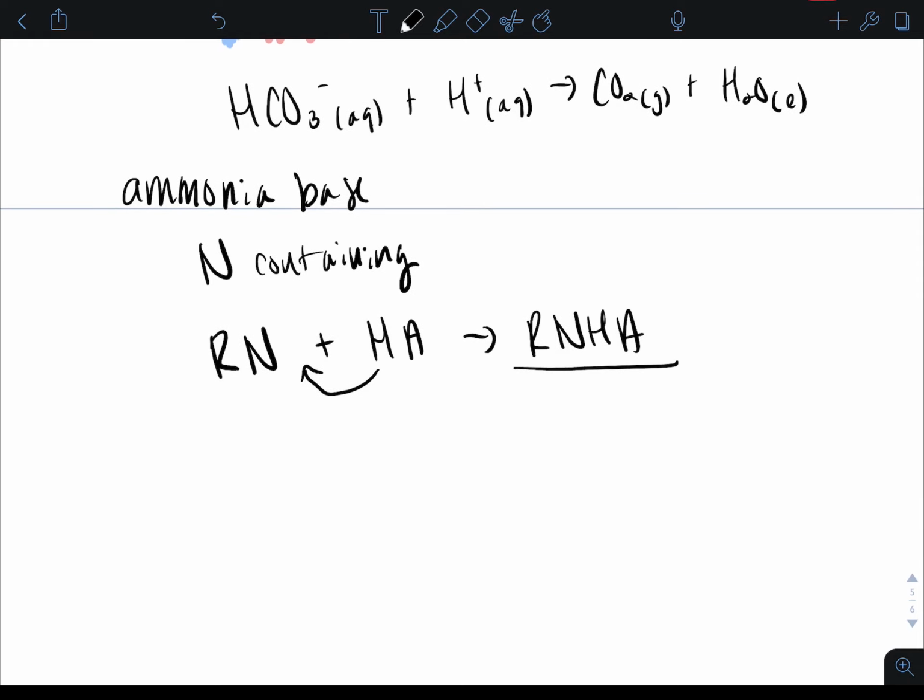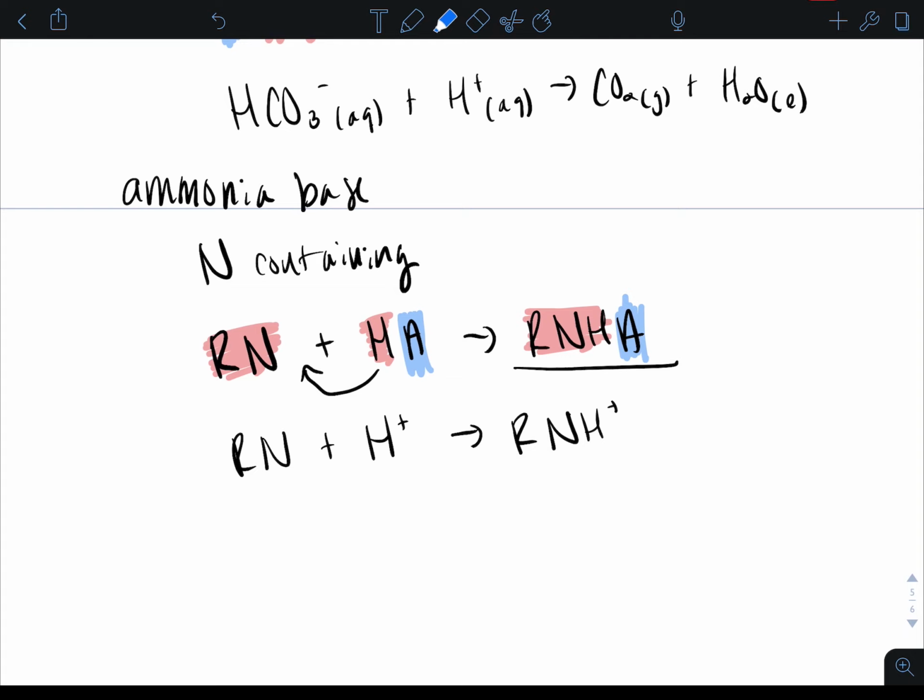So if we're looking at it as a net ionic, it would look like this. Like so, but we also have this anion that just hangs out and balances charge.